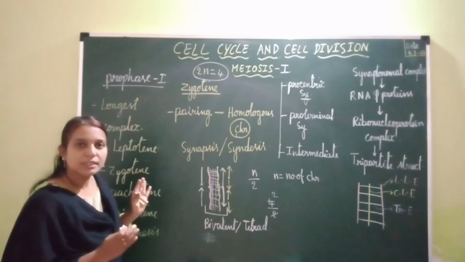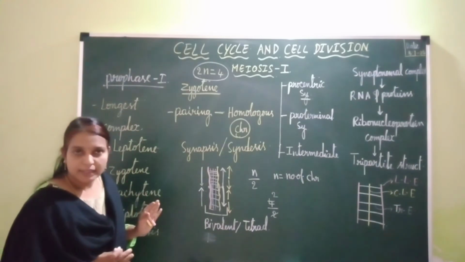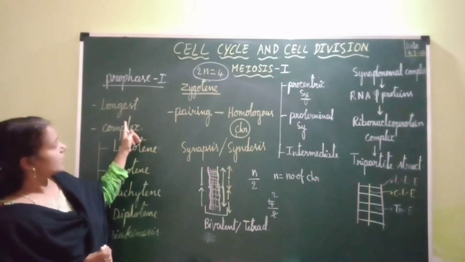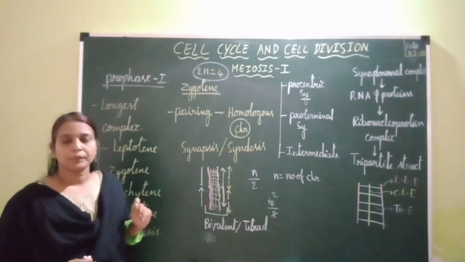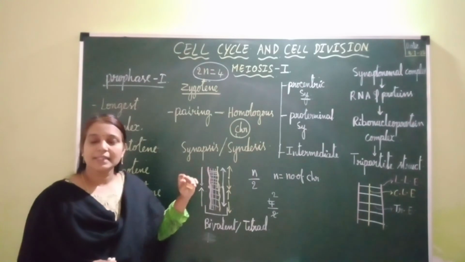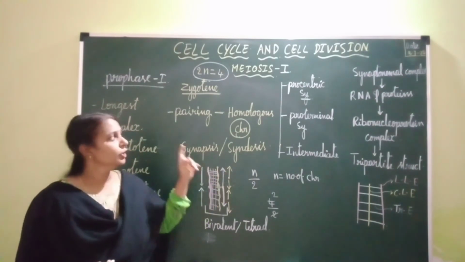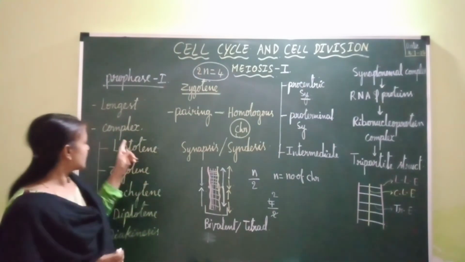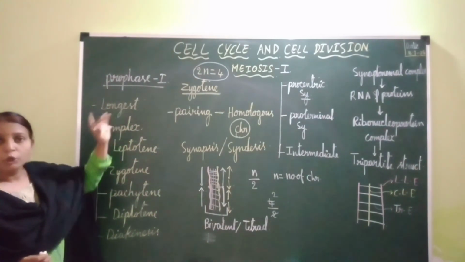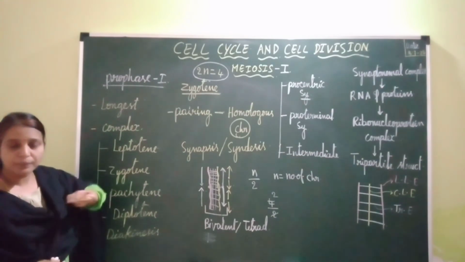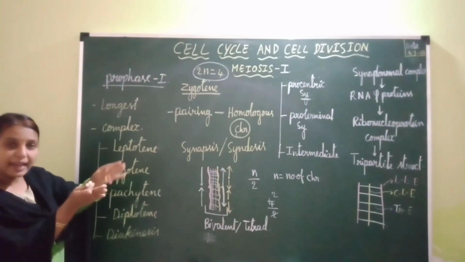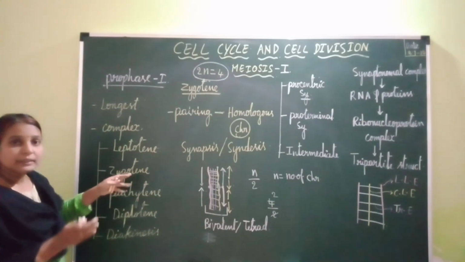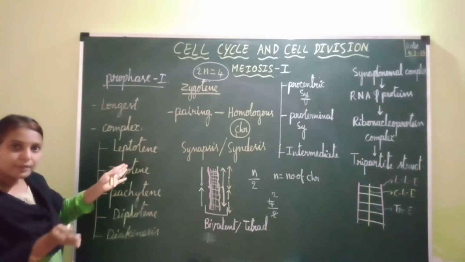So these are the changes which occur inside the nucleus of the cell during the zygotene stage of Prophase-I of Meiosis I. Now what are the changes that occur inside the cytoplasm during this stage? Already we studied in the leptotene stage that 2 asters are formed in the cytoplasm and start moving away from one another, and in zygotene they move further away from one another.